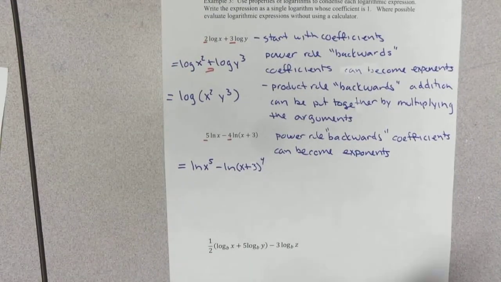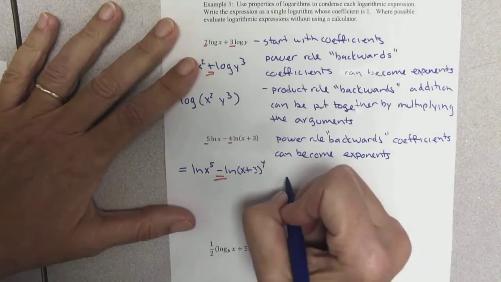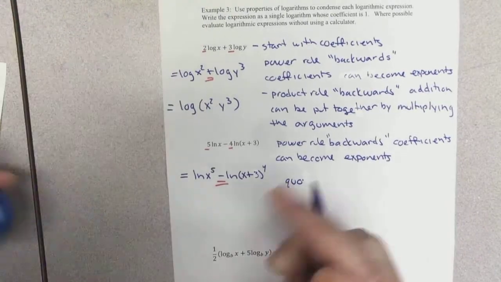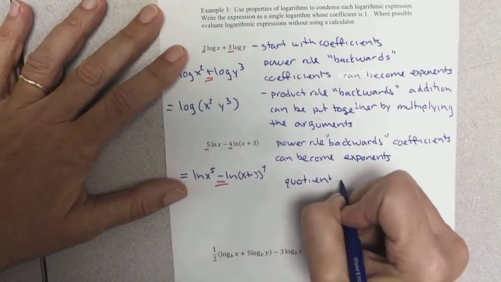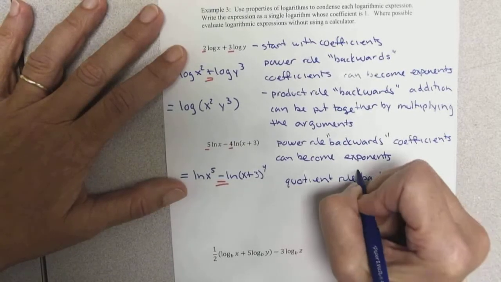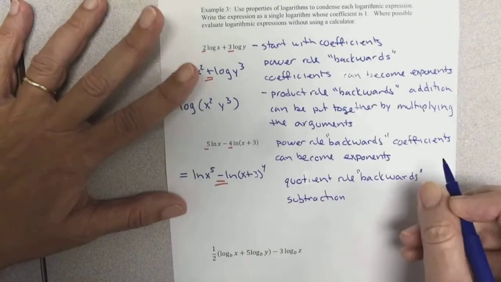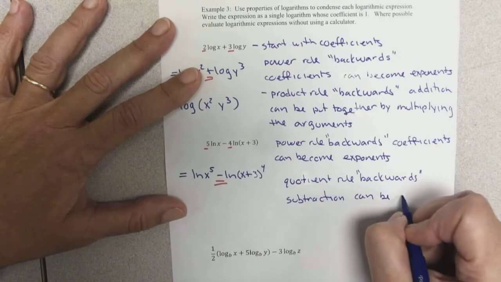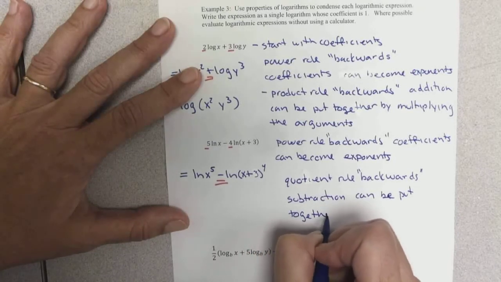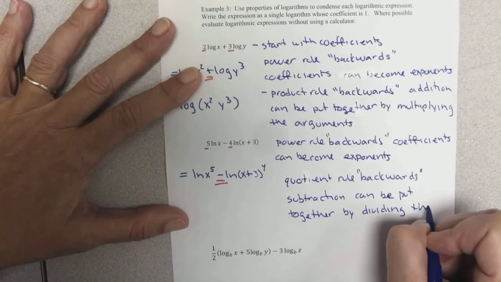And now I have subtraction. So that is the quotient rule backwards. Subtraction can be put together by dividing the arguments.